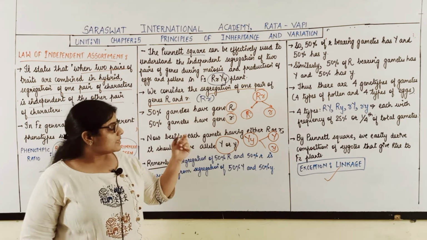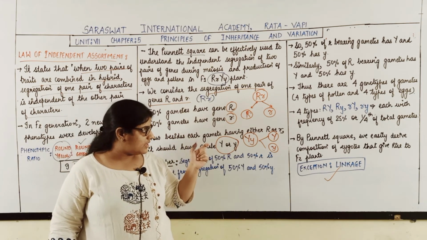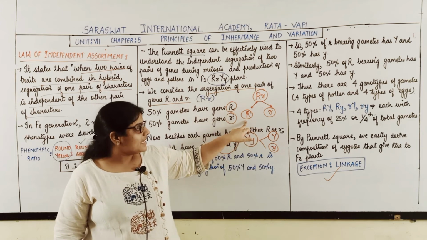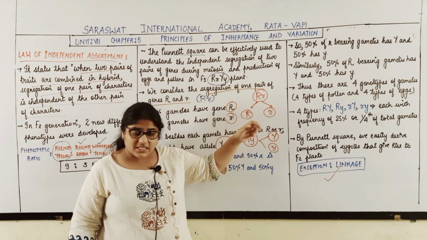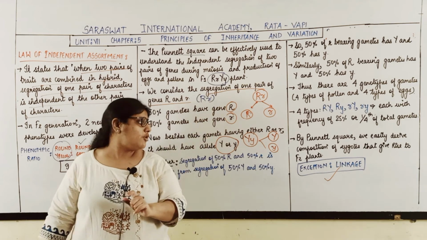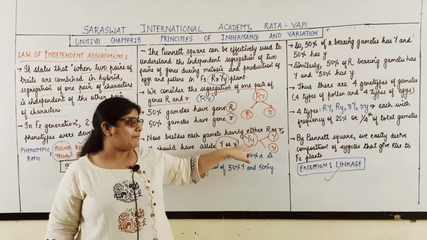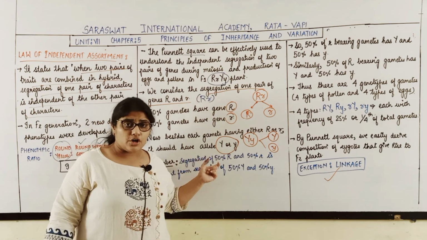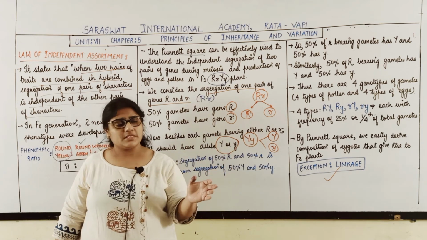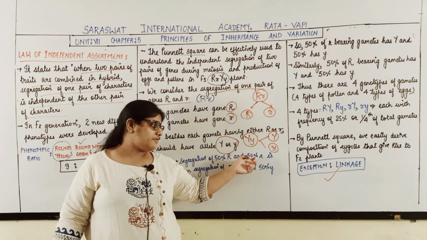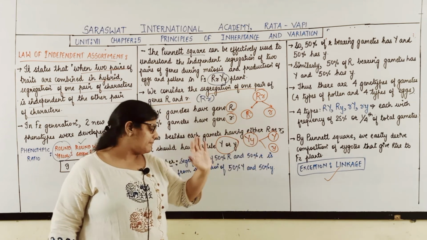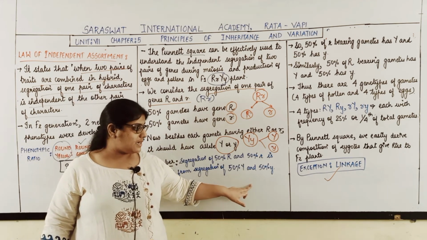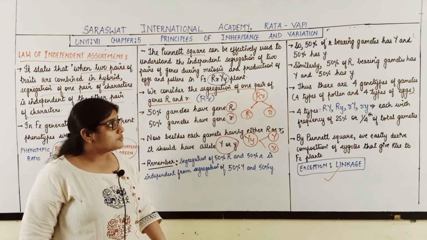So students, what is my conclusion from here? That the gametes having capital R and small r genes will also have either capital Y or small y. Why? Because the segregation of 50% capital R and 50% small r is independent from the segregation of 50% capital Y and 50% small y.